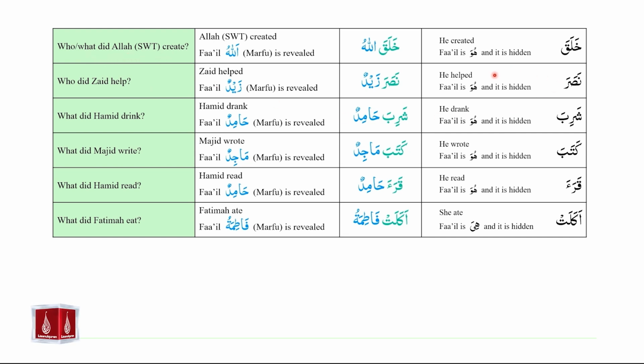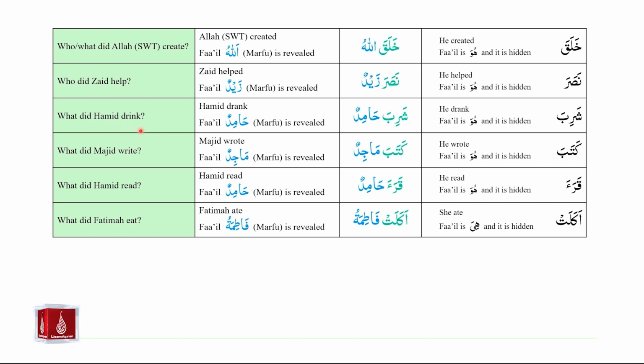Nasara, he helped. Nasara Zaidun, Zaid helped. And here we can ask the question, who did Zaid help? Who is receiving the help from Zaid? Shariba, he drank. Shariba Hamidun, Hamid drank. And in this case, Hamidun is the Faa'il and the Faa'il is Marfu. But the question is, what did Hamid drink?